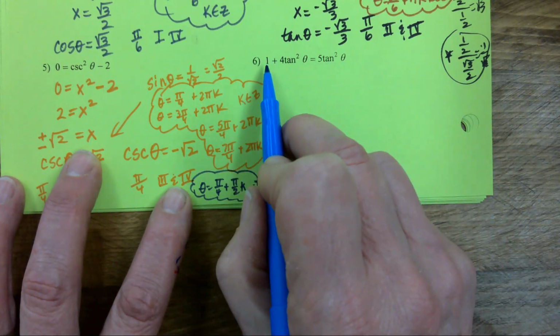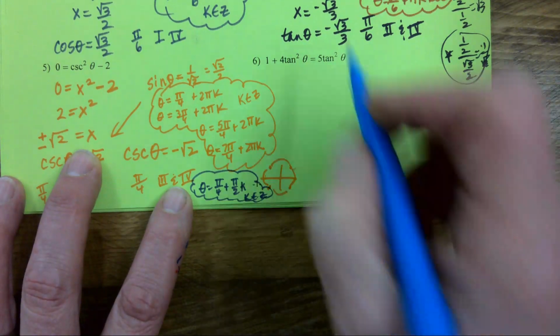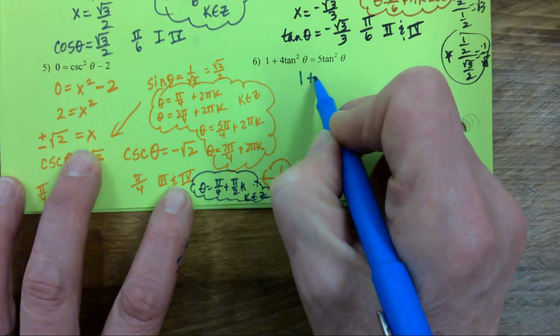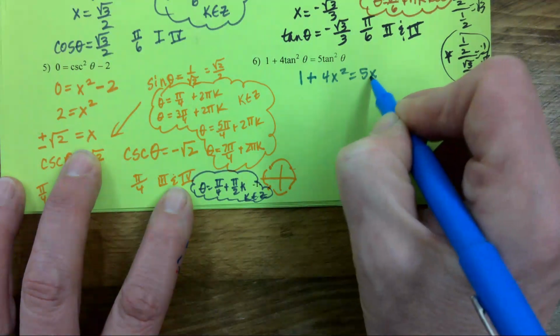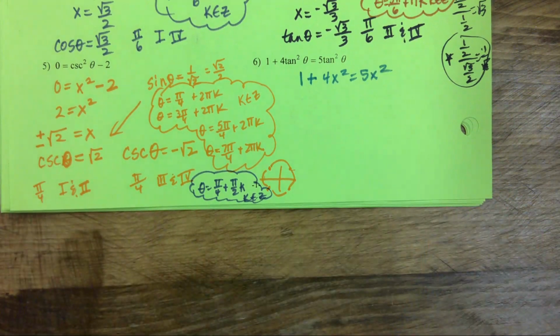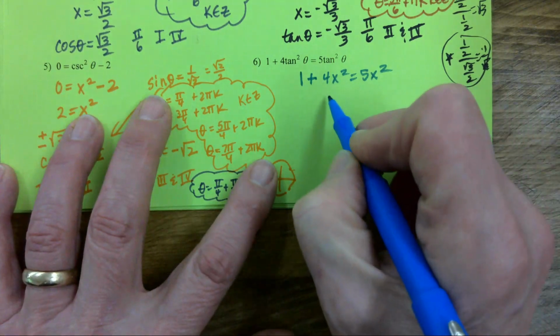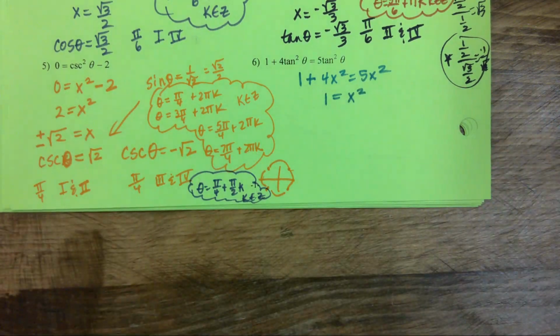Here we are. 1 plus tangent squared theta equals 5 tangent squared theta, or 1 plus 4x squared equals 5x squared. I'm just replacing the tangent with x. And so 1 equals x squared when I subtract the 4x squared.